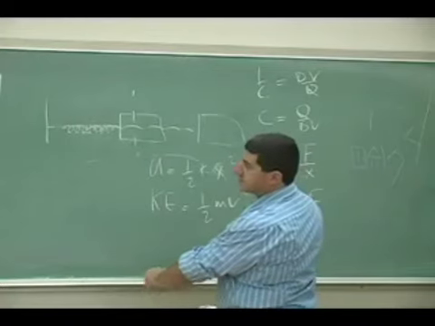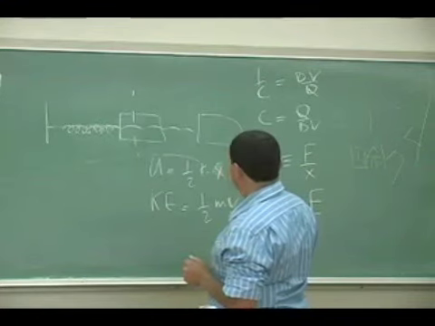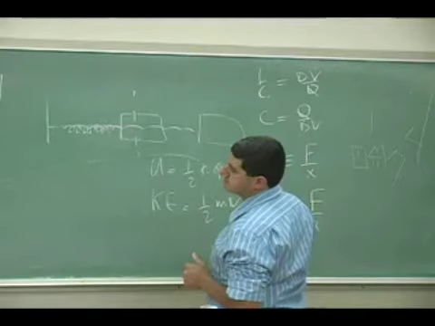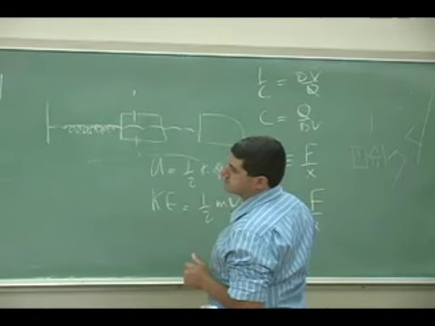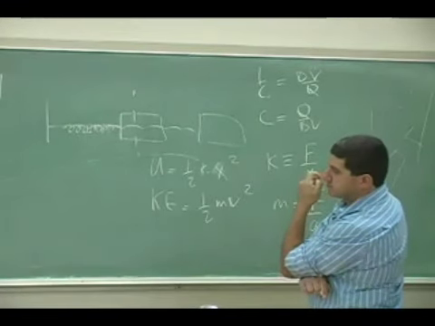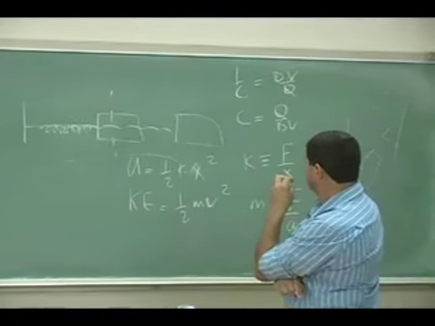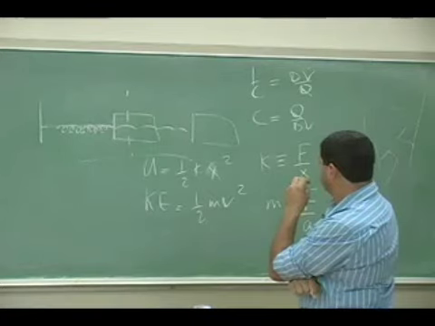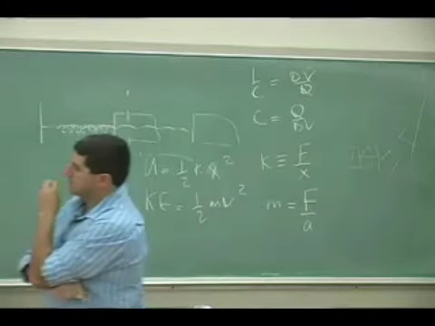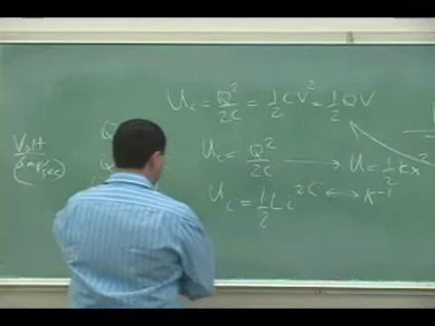The inductor is the derivative, let's see here. The equation is going to be half Li squared.